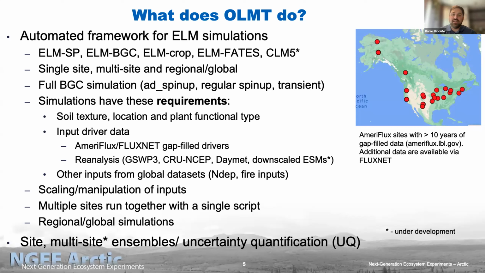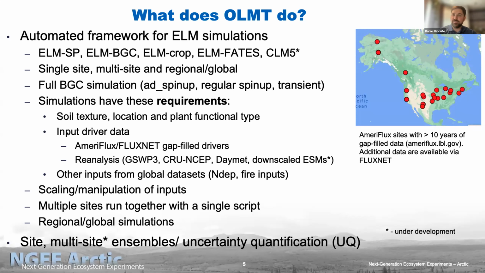So in order to run a simulation, we have the following requirements. We have what's called the surface data, which contains information including soil texture, location, and the plant functional type distributions that are in each grid cell. We also need input driver data, so the atmospheric or meteorological data.